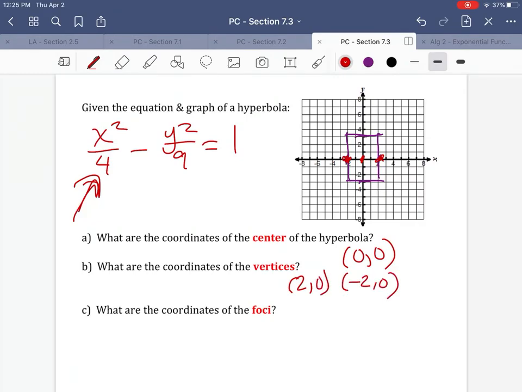Okay, now the foci. So there's one little part right here that I didn't talk about, and you guys know that this is a squared or b squared, and this is a squared or b squared, whichever. It doesn't really matter what you call it. But in this problem, hyperbolas, you have this little equation. C squared equals a squared plus b squared. So it doesn't matter which one's a and which one's b. You basically know one's 4 and one's 9.